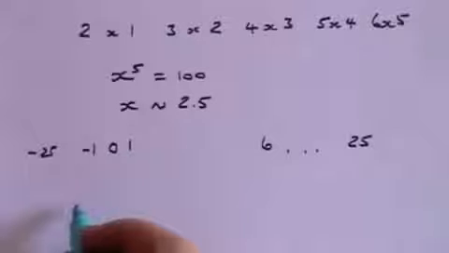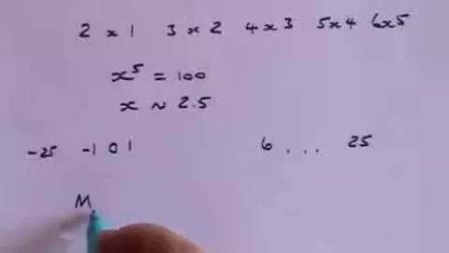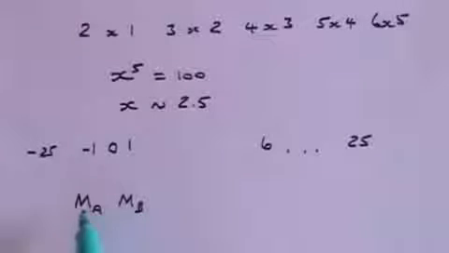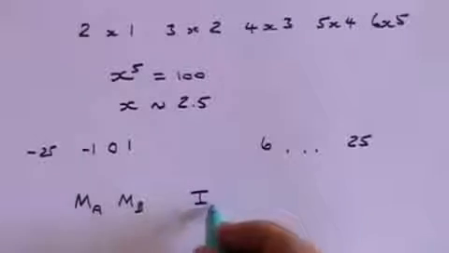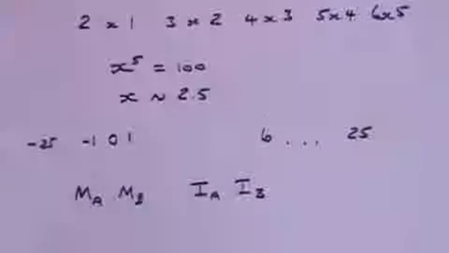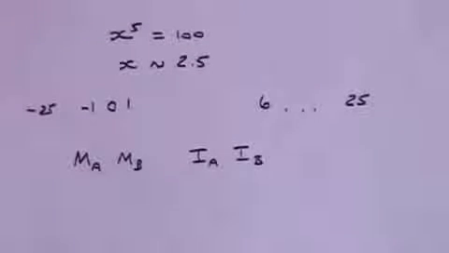Those two stars will have magnitudes MA and MB. That's stars A and B have a magnitude MA and a magnitude MB, and an intensity IA and an intensity IB as viewed from Earth. Now we know that the intensity of a magnitude 1 star is 100 times greater than the intensity of a magnitude 6 star.